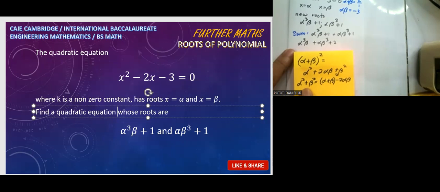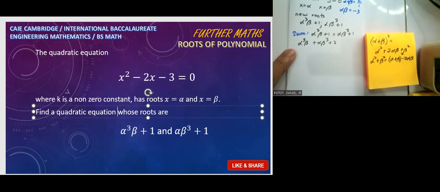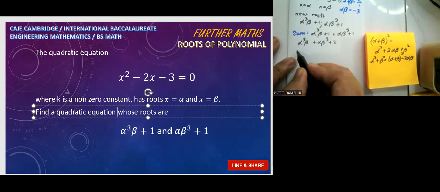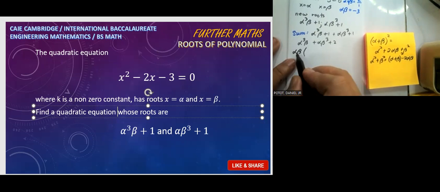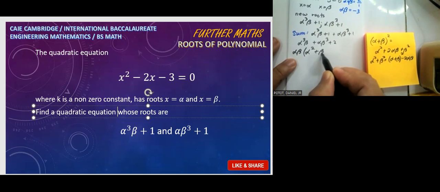How shall we do that? As you can see, this has common alpha beta. Let's just try. When you factor out alpha beta from here, this one will be alpha squared, and this one will be beta squared, and that one will be plus 2.